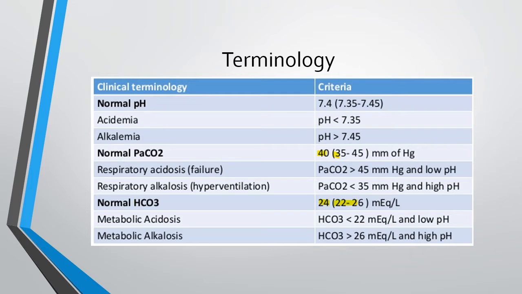So what are these terms, acidemia and alkalemia? Anything that has the suffix emia indicates blood.